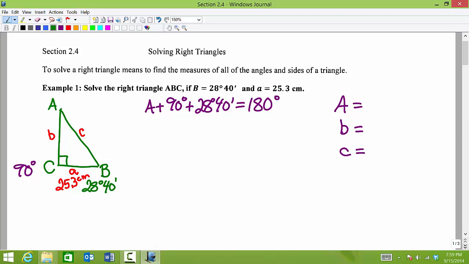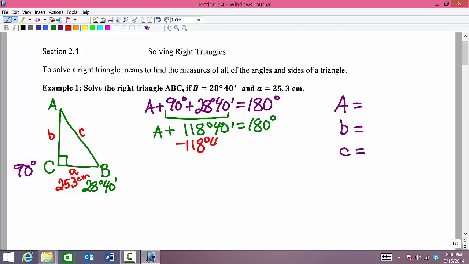So let's solve that for angle A. So 90 plus 28 degrees and 40 minutes. Let's see, that would be 118 degrees and 40 minutes. And then subtract 118 degrees 40 minutes from both sides.